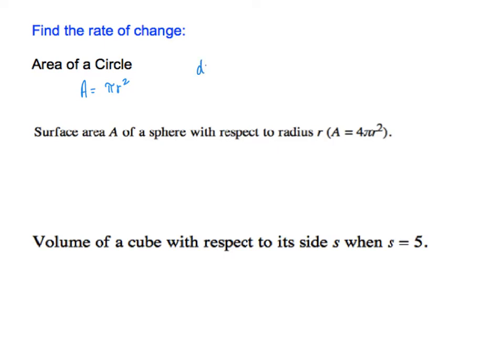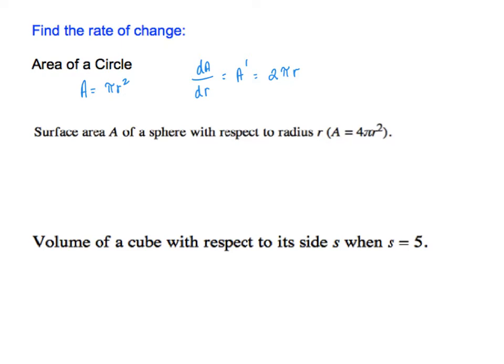We would notate this as dA over dr, or A prime, and this is just a power rule. Pi is a coefficient, so it becomes 2 pi r. Not a coincidence that this is the circumference formula for the circle.